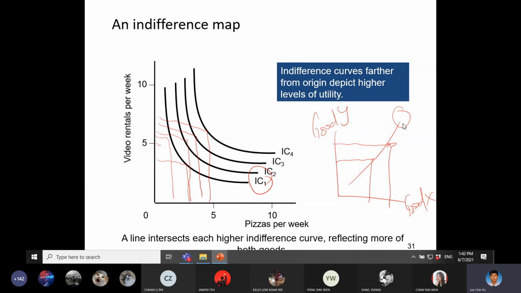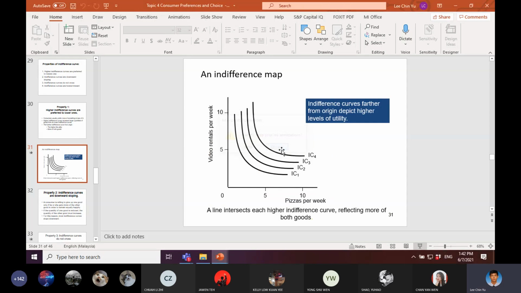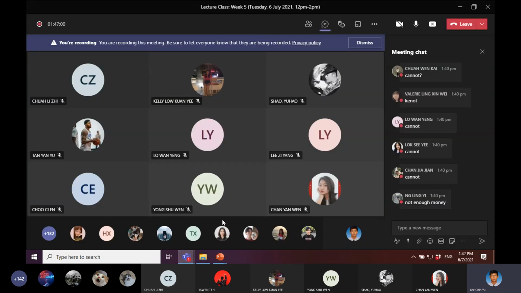So this is one way to see whether you are consuming a good that gives you utility, a satisfaction: you should not draw your indifference curve outward sloping. Clear or not? It doesn't mean there is not enough money.